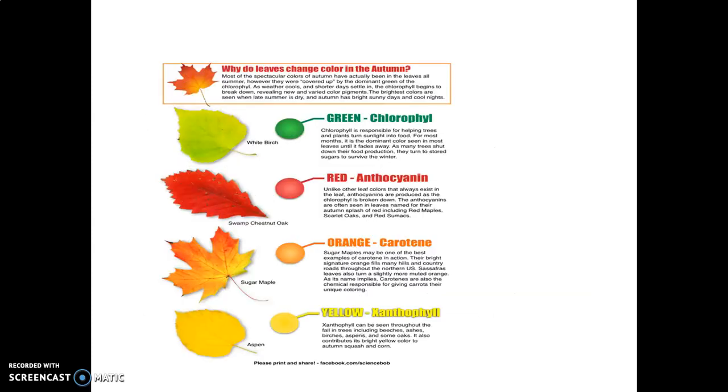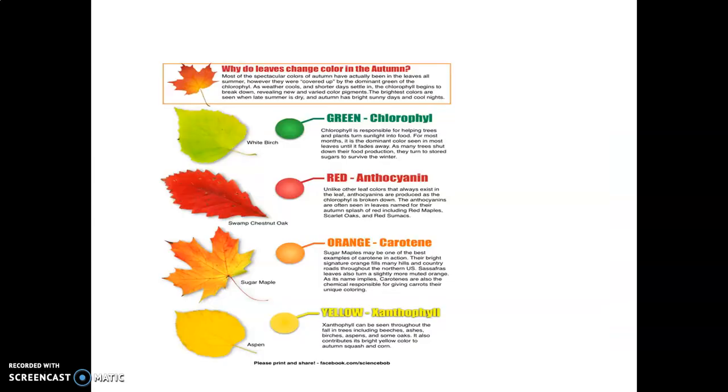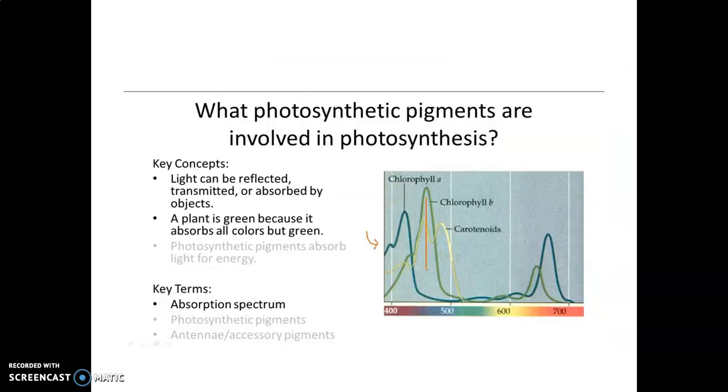Then let's start with the first topic, pigments in green plants. Here the principal pigment is chlorophyll A. The accessory pigments are chlorophyll B, C, D, carotenoids and phycobilins. Chlorophyll gives green color, cyanin gives red color, carotene orange color, and xanthophylls yellow color.